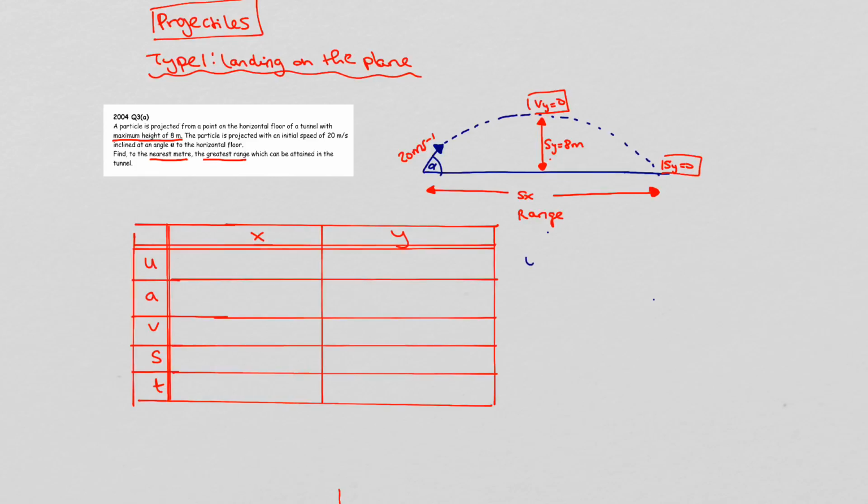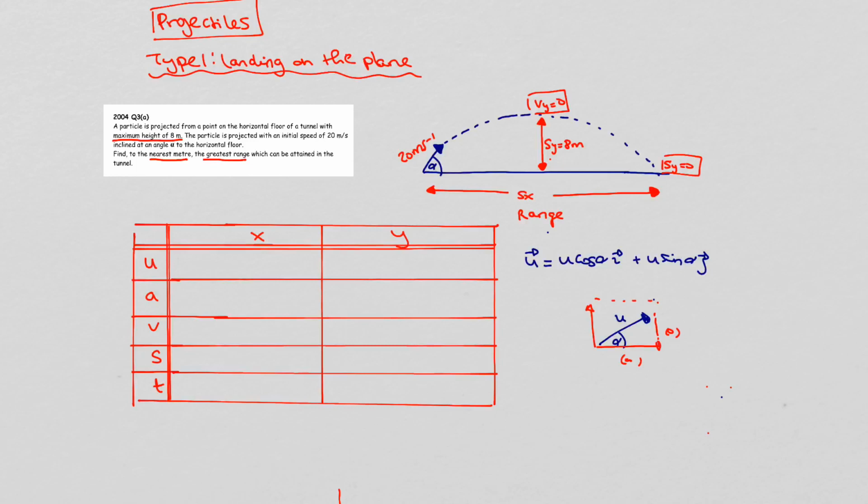So we have to remember that our initial velocity can be broken down into U cos alpha in the I direction and U sine alpha in the J direction. And if you can't remember that, well, here's U. It's projected at an angle of alpha. So if we break that down into our parallel and perpendicular components, then again, if I complete my parallelogram, I have opposite and I have adjacent.